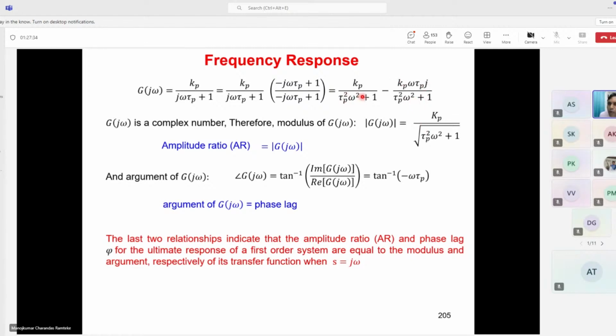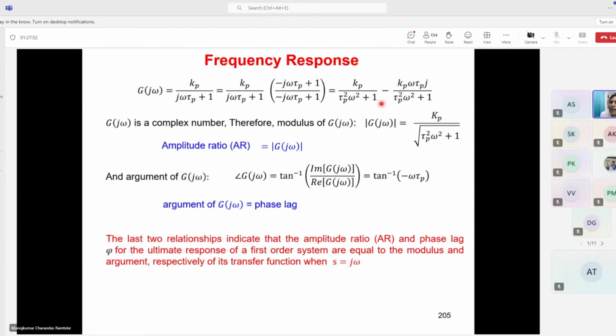So this tau p square omega square plus 1 is the common term, isn't it? And the square of that is there, isn't it? Correct? Do you all agree with me or not?